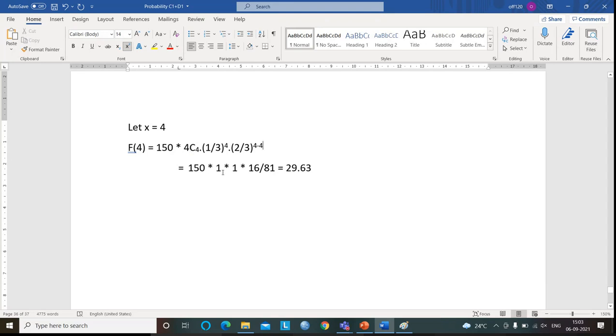So 150 into 4C4 is again 1. (1/3)^4 is nothing but 1 by 81, and (2/3)^(4-4) means power 0. Something power 0 is nothing but 1. So finally this leads to the answer of 1.85.